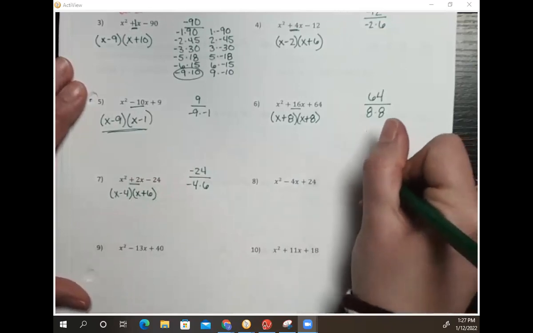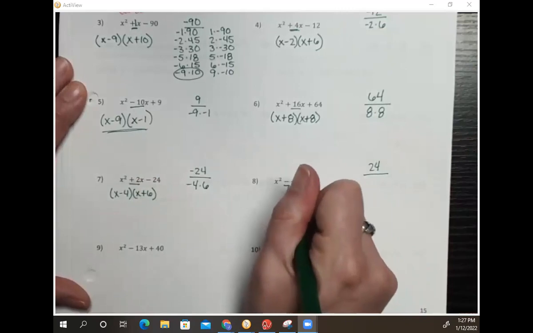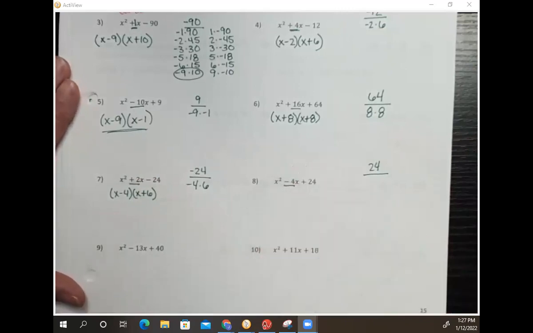Number 8, factors of positive 24 that I could add to give me negative 4.